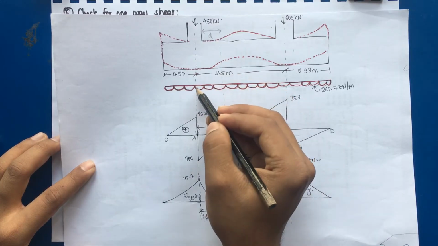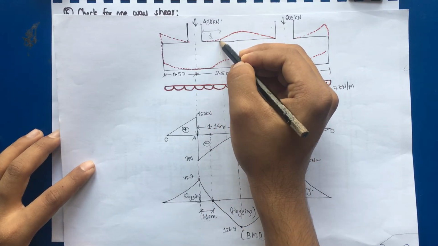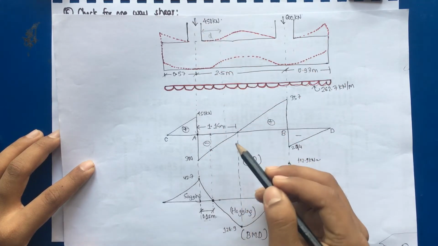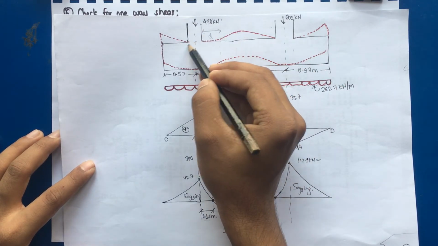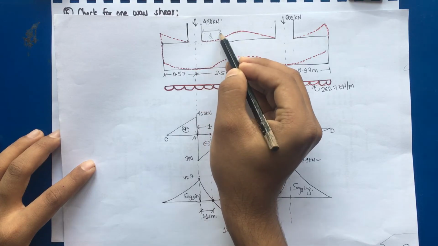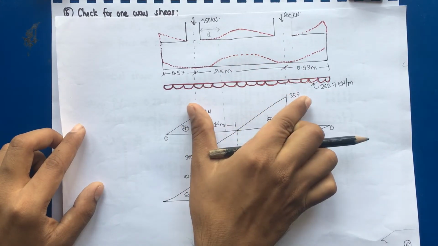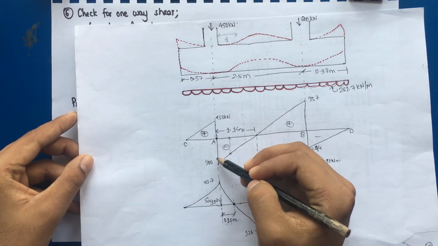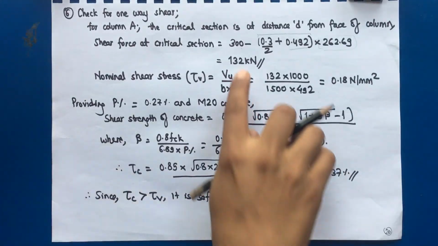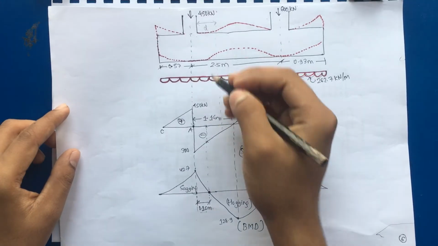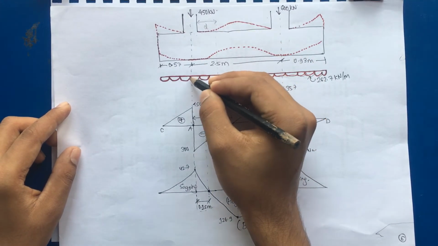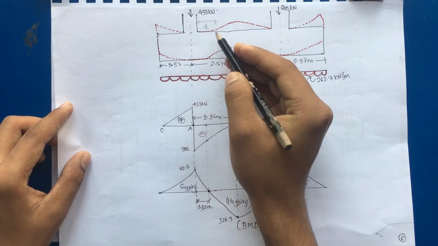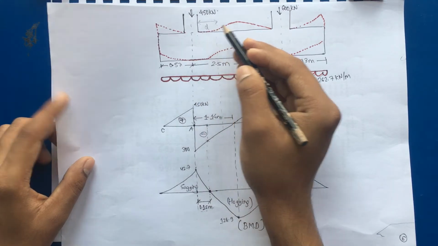Hence we have to compute the shear force at the critical section considering the UDL from the midpoint of the column A. Hence 0.3 divided by 2 plus d into UDL. So 300 is the shear force minus computing the UDL up to the span from the center of the column A to the critical section, that is d.